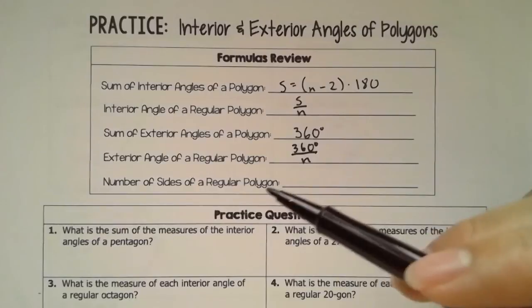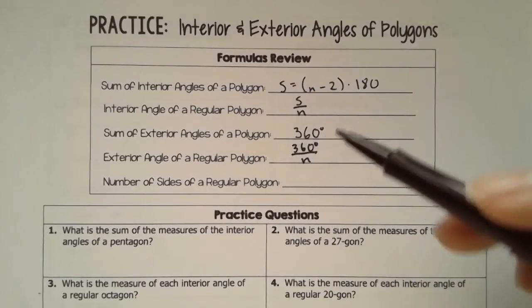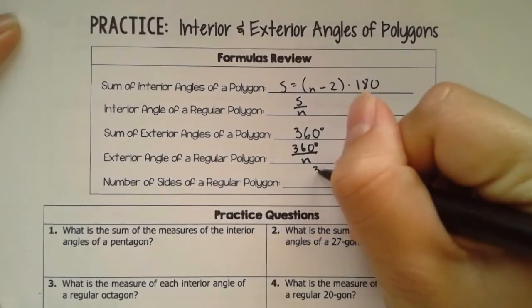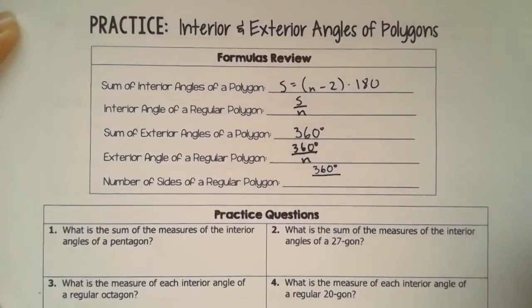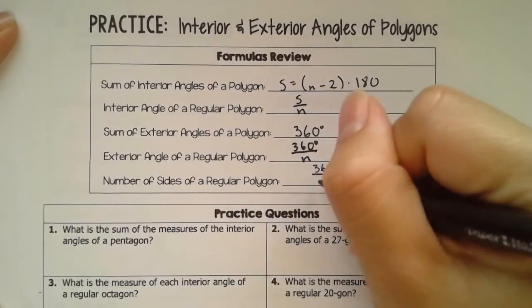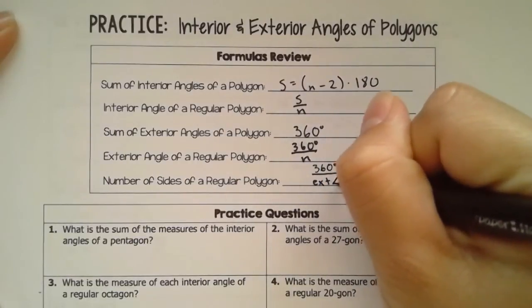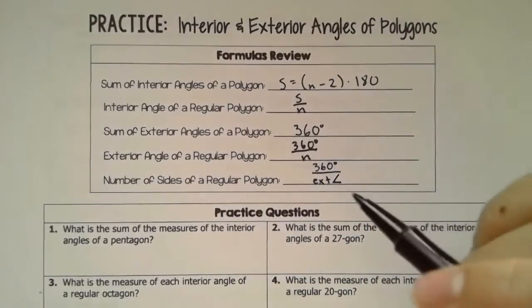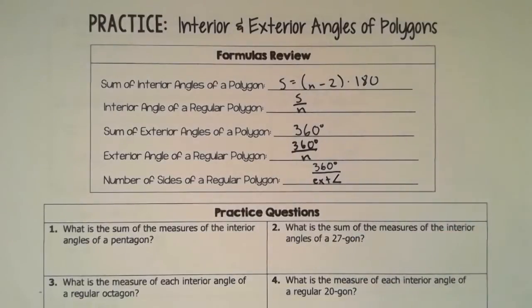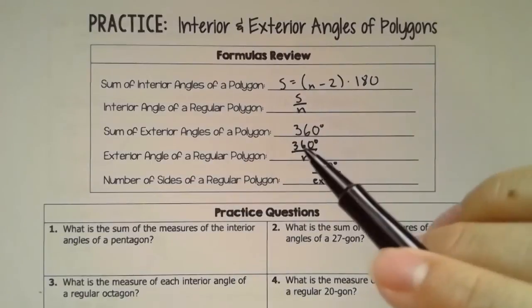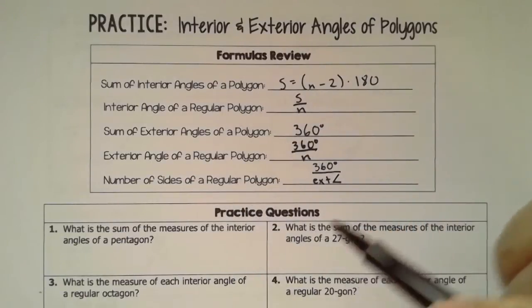The number of sides of a regular polygon: you can divide the sum of the exterior angles, because it's true for all of them, 360 degrees, by the measure of one exterior angle. So ext for exterior, and then the little angle symbol. So 360 divided by the measure of one exterior angle will give you the number of sides of a regular polygon. Regular meaning, of course, that all the angles are the same. So you can use this idea.